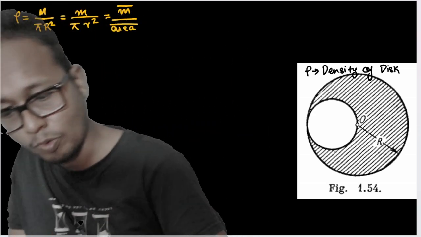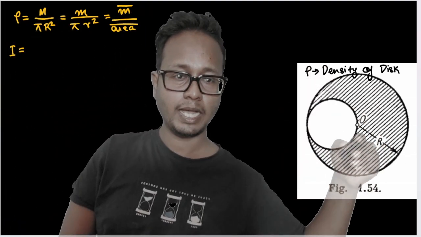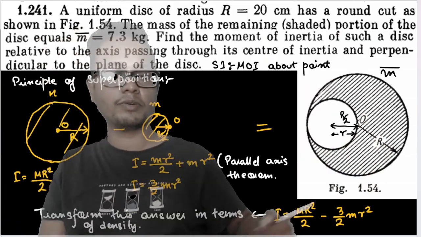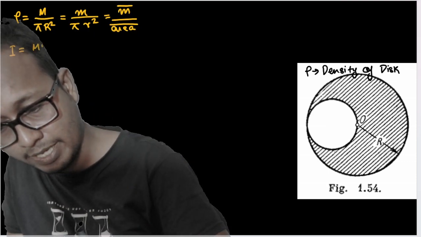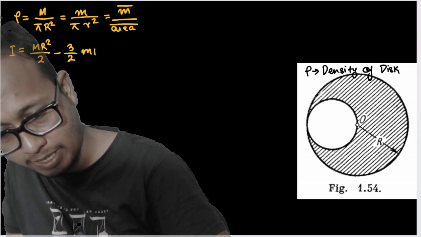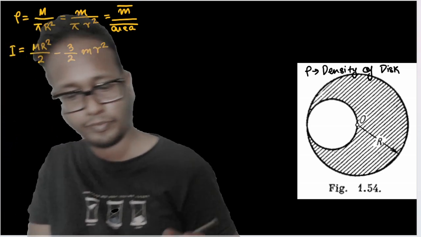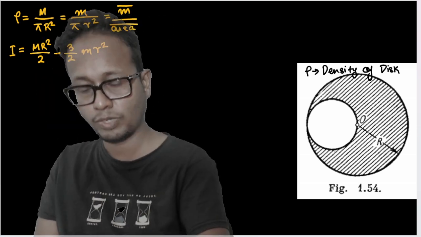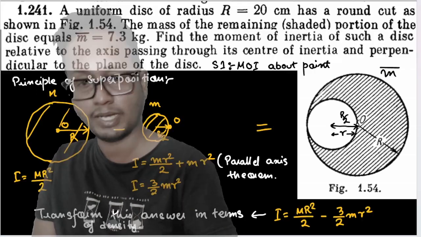Okay, and the moment of inertia of this shape about the center point is nothing but, we have already found out, M R square by 2 minus 3 by 2 m r square. And this mass is nothing but the mass of this one.